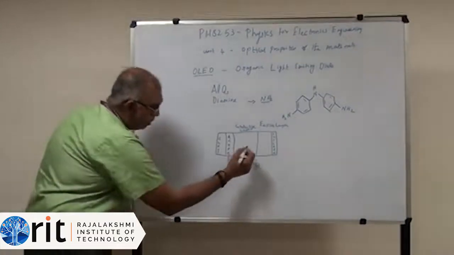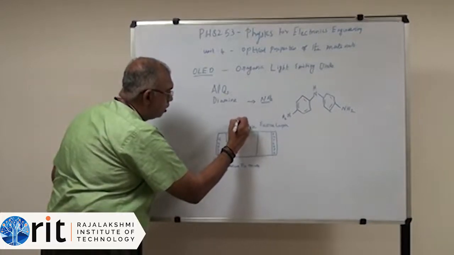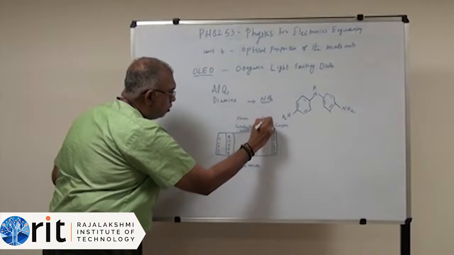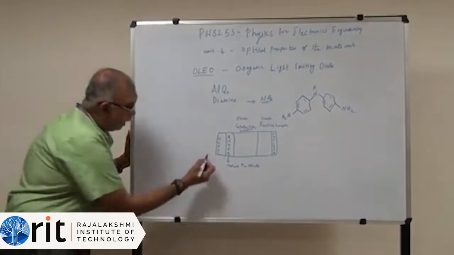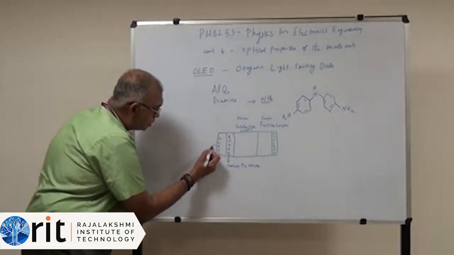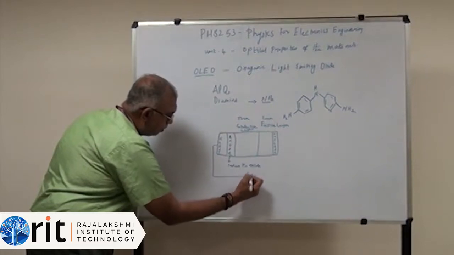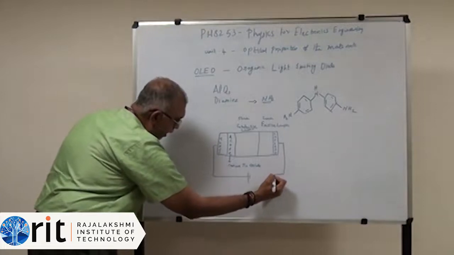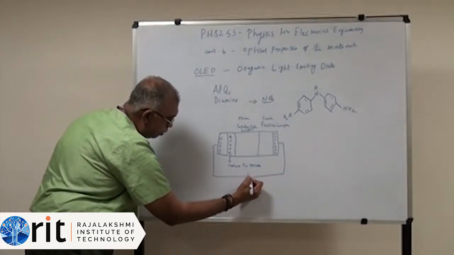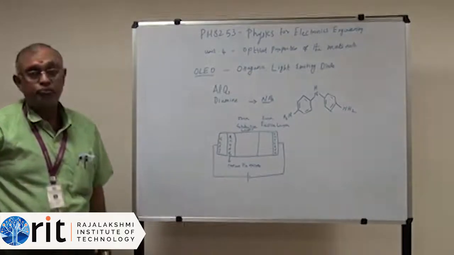The dimension of this conductive layer is around 50 nanometer, and that of the emissive layer is 20 nanometer. This device is connected across the power supply, always in forward bias mode: anode to the positive terminal of the battery, cathode to the negative terminal of the battery.